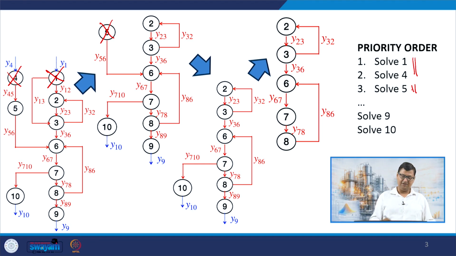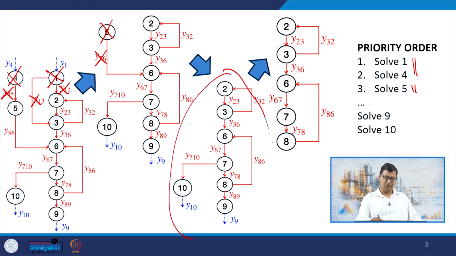Then we delete 5, like we deleted 1 and 4, and all the corresponding edges, and then I have a new reduced graph. And now we can see in the reduced graph there is no vertex which is having no ancestors.